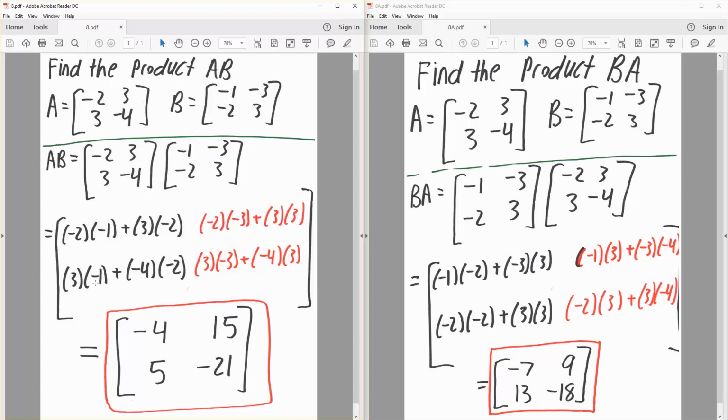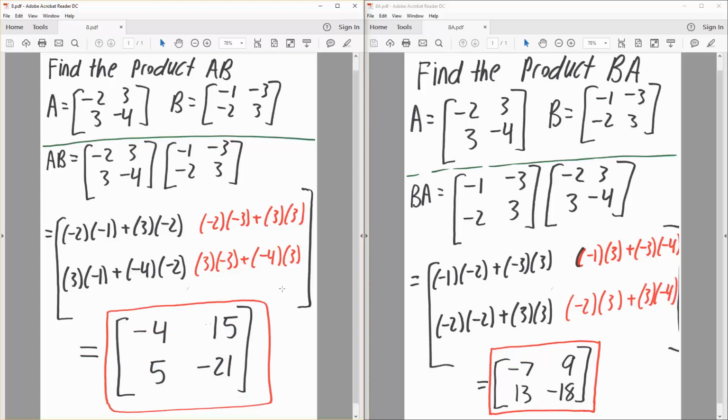Next, 3 times -1 is -3, plus -4 times -2, which is 8. So -3 plus 8 is 5. Lastly, 3 times -3 is -9, plus -4 times 3 is -12. So -9 minus 12 is -21. And this right here is the final answer for the product AB.